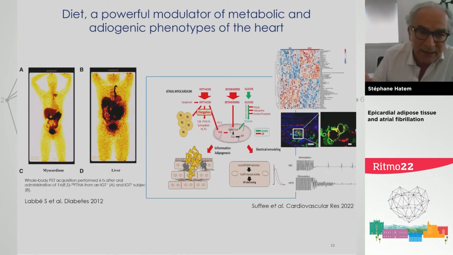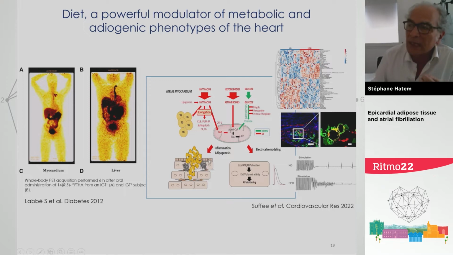And we have recently found that a mouse, which is characterized by almost no fat tissue in the heart, if you submit these animals to a high-fat diet for a prolonged time, changes the beta oxidation in the myocardial metabolism, with fat accumulation and vulnerability to AF.